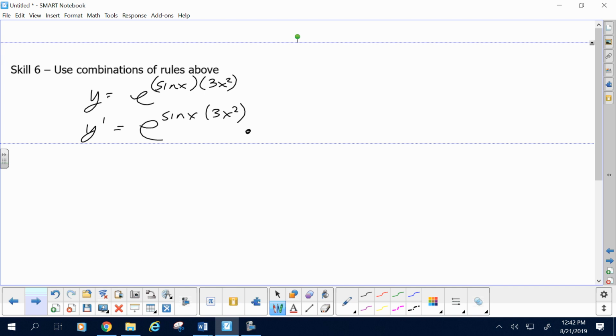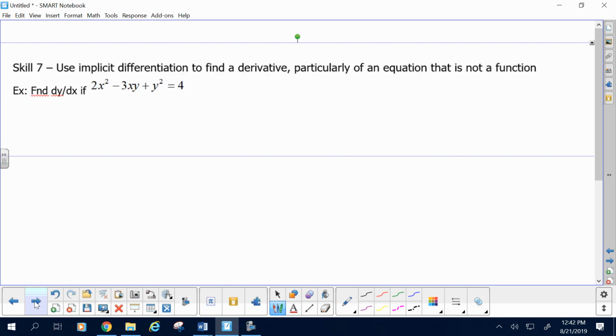Then we multiply by the derivative of the inside, and that's when we need the product rule. The first stays the same, times the derivative of the second, 6x, plus the second stays the same, times the derivative of the first, cosine. So, combinations of rules. I think that was in the middle of the year, so you should be pretty settled with those, but maybe not.